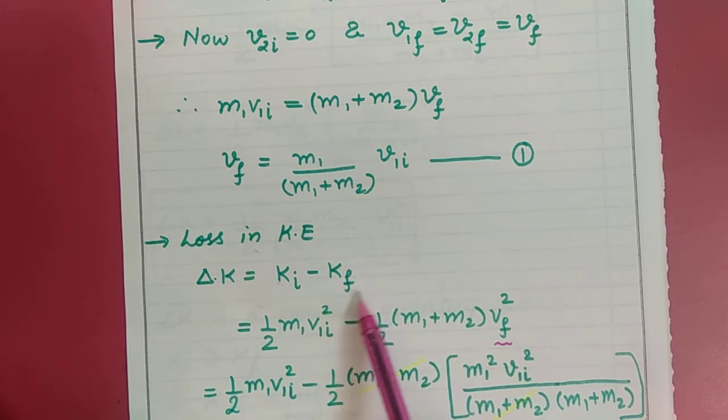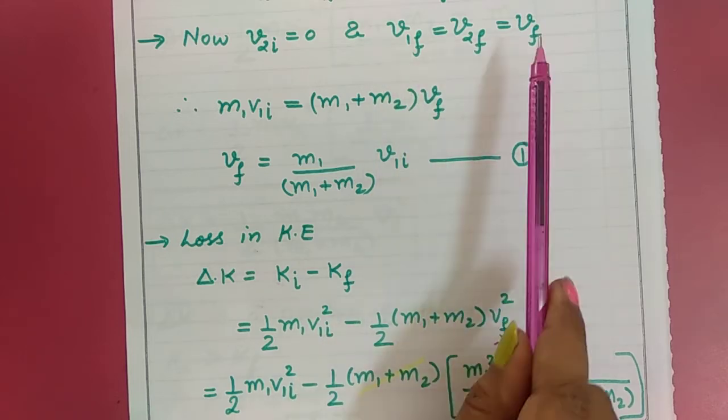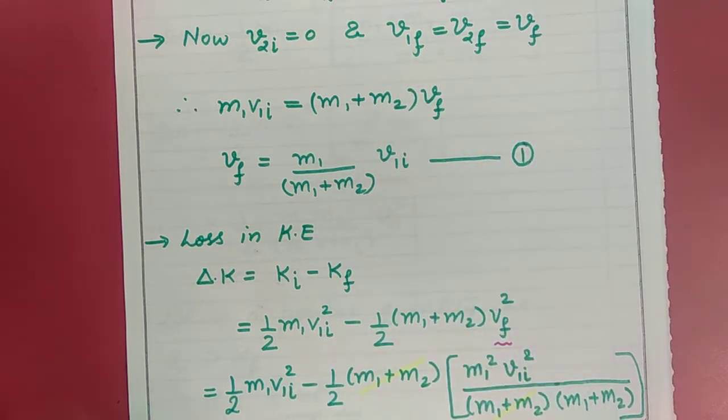उसके बाद अब final kinetic energy मुझे लिखनी है सिस्टम की. Final kinetic energy कैसे लिख सकते हैं हम? It will be final kinetic energy of ball 1 plus final kinetic energy of ball 2. तो final kinetic energy of ball 1 कैसे लिखेंगे? Half m1 into final velocity of ball 1. But final velocity of ball 1 को तो हमने VF बोला था. ठीक है.